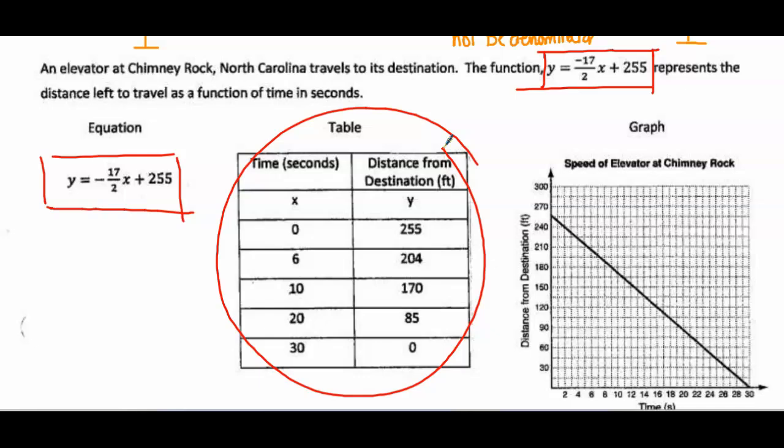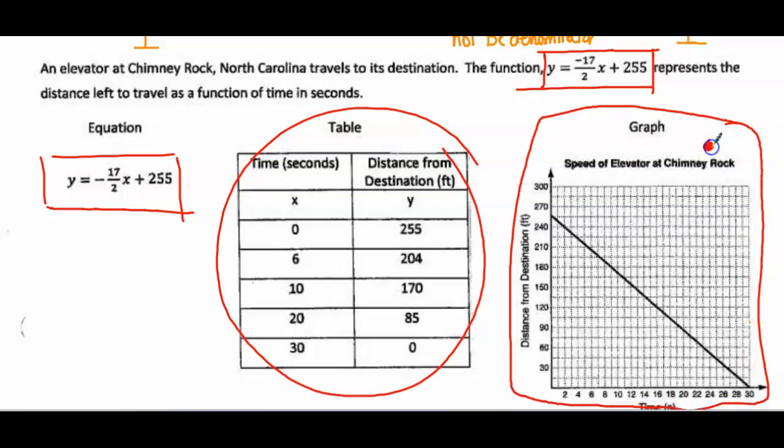Now, something I want to point out to you on this graph is, do you see any points? Do you see any points like this? I don't. So I could assume this right here is 0, 55. I don't assume that. I know that because the table goes with the graph.